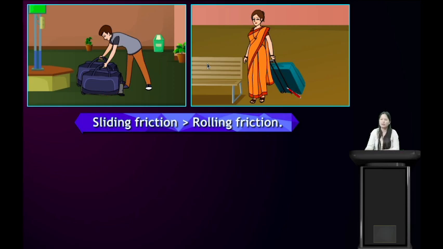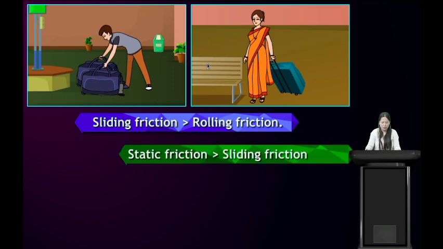So from here we see that sliding friction is more than rolling friction. Unless we overcome the friction, we cannot move the object. But here sliding friction is more than rolling friction, so more force will be required to overcome sliding friction, and less force will be required to overcome rolling friction. That is why it is easier to roll this trolley than to slide this bag.